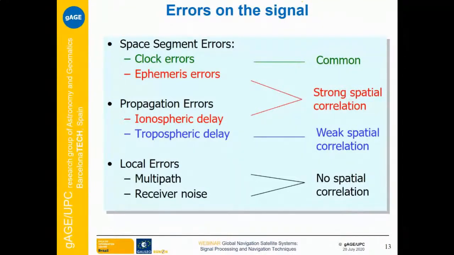Then we have the troposphere, which is a very local delay. This is why it shows a weak spatial correlation. And then the last category are errors that are very local and do not show any spatial correlation. They are basically independent. The antenna of the reference site can be completely different from the antenna or the environment of this moving receiver.